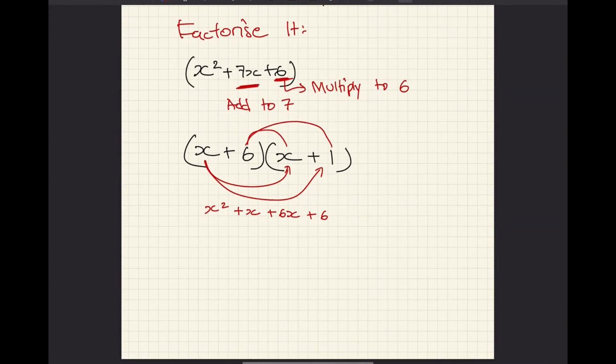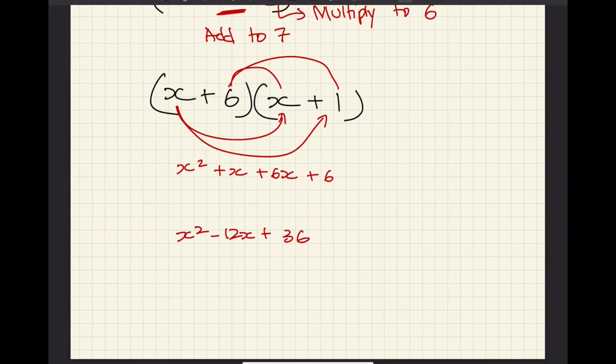Now, if we use the other example that we saw, x squared minus 12x plus 36, we can think about two numbers that add up to negative 12, but multiply to positive 36. And those two numbers are going to be negative 6 and negative 6.